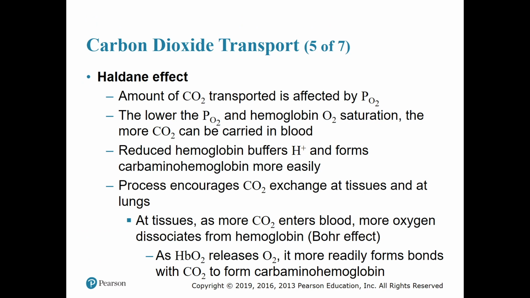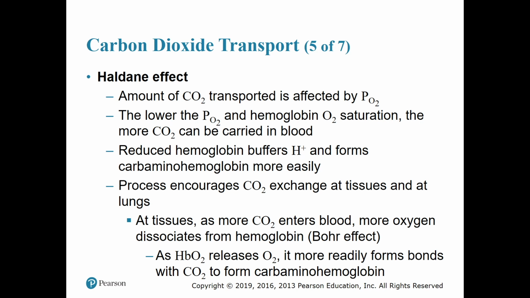So, the Haldane effect. The amount of CO2 transported is affected by the partial pressure of oxygen. The lower the partial pressure of oxygen and hemoglobin oxygen saturation, the more carbon dioxide can be carried in blood. Reduced hemoglobin buffers H+ and forms carbaminohemoglobin more easily. The process encourages CO2 exchange at the tissues and at the lungs.